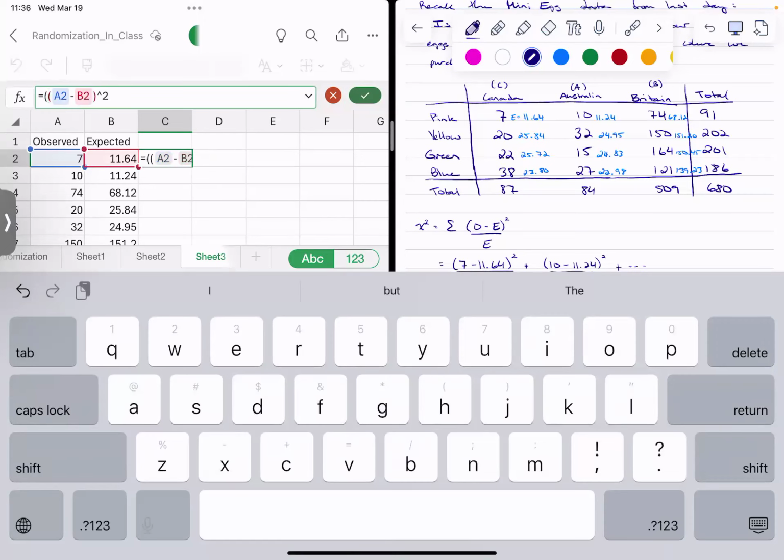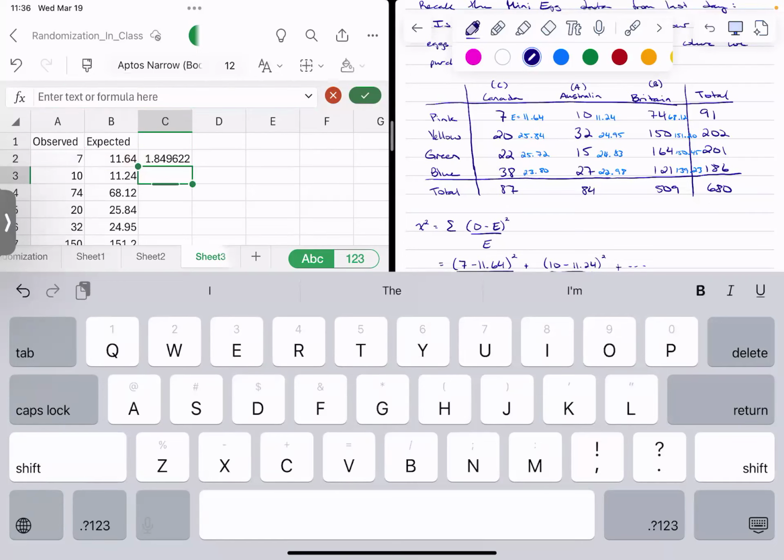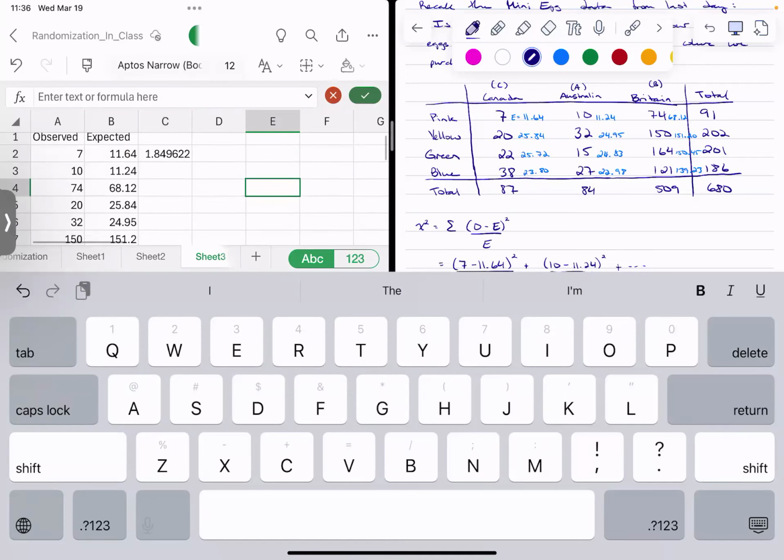I'll throw some precautionary brackets around there just because I don't want to divide only my power by the expected count. I want to make sure that it's all divided by the expected count.